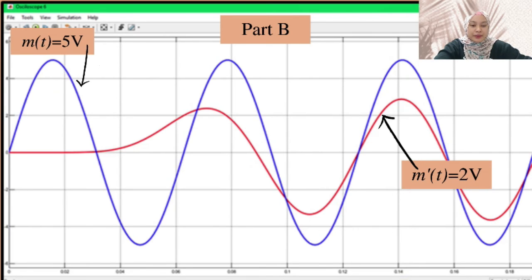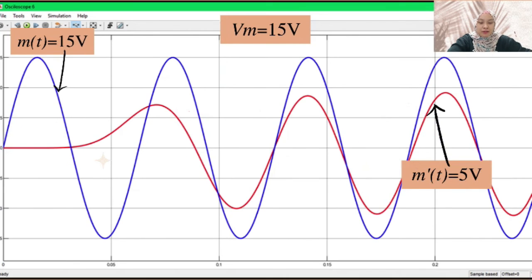For part B, the analog modulating signal is 5 volt, while the resultant recovered modulating signal is a bit above 2 volt. For part D, when the amplitude is 15 volt, the analog modulating signal is 15 volt, while the resultant recovered modulating signal is a bit above 5 volt.